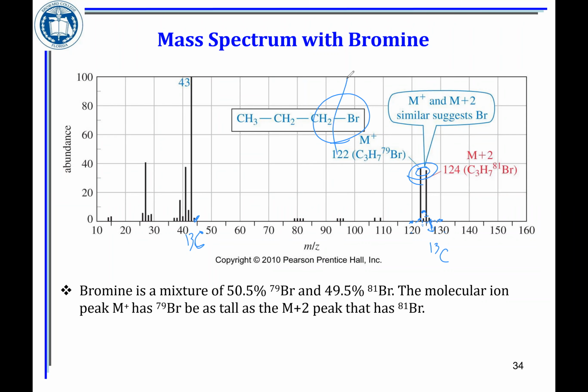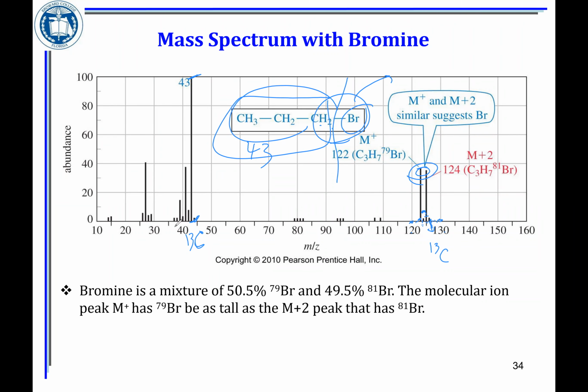If the bromine leaves, what is left? Propyl group. What's the mass of propyl? That's 43. Bromine is a good leaving group, and if it leaves, it's going to create that carbocation here. So the propyl group is giving you the base peak also.